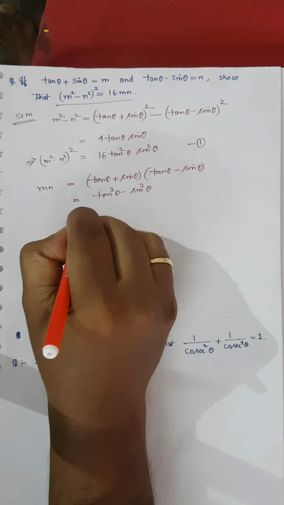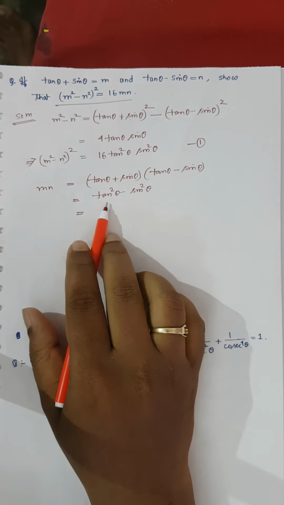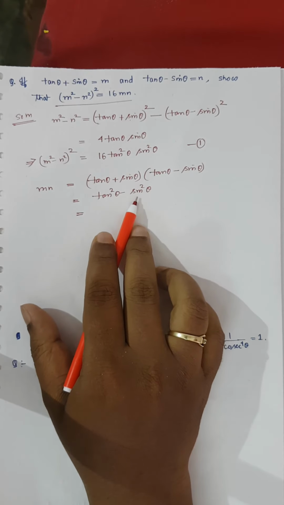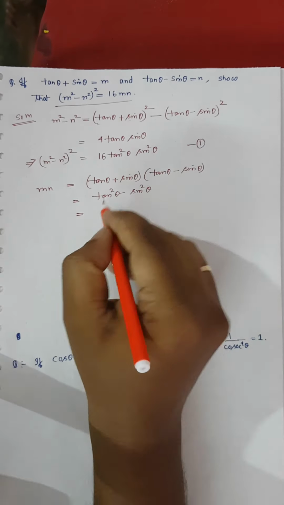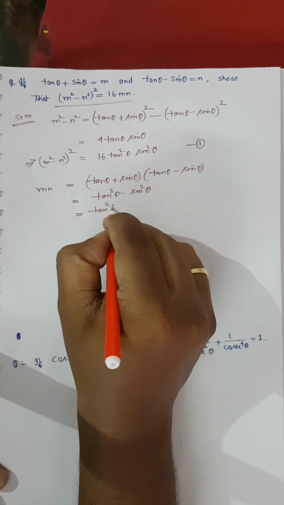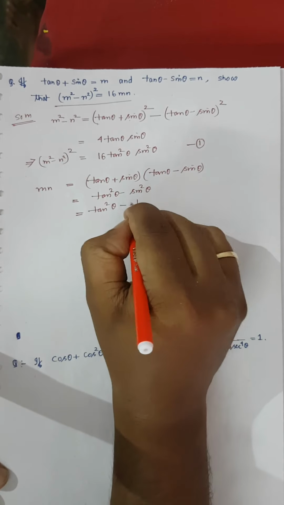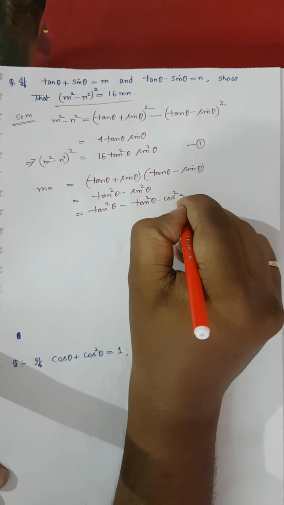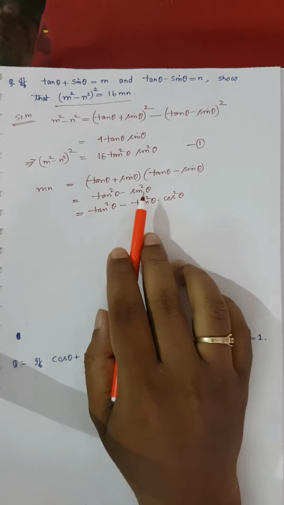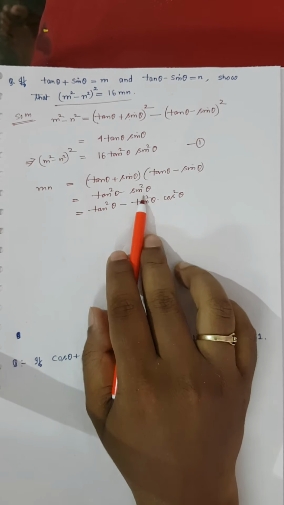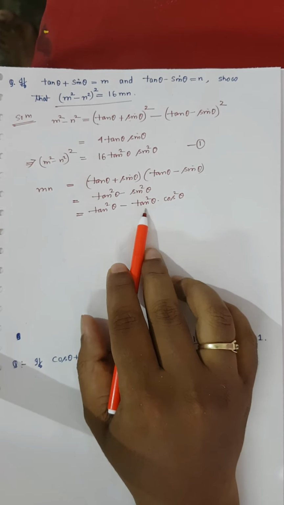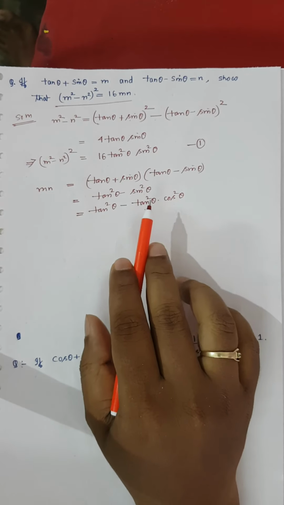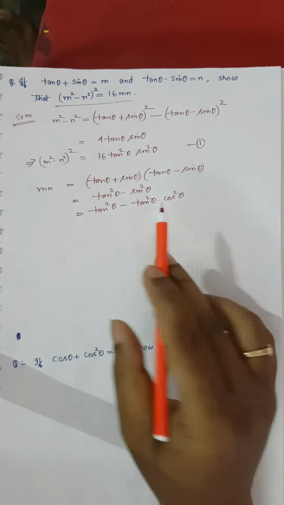See, what is tan theta? Tan theta is sin theta by cos theta. And what is sin square theta? I can write sin square theta as tan square theta into cos square theta, if you agree with me. Tan is sin by cos, so it is sin square by cos square, and now cos square is in the denominator, so cos square gets cancelled and it becomes sin square theta again.